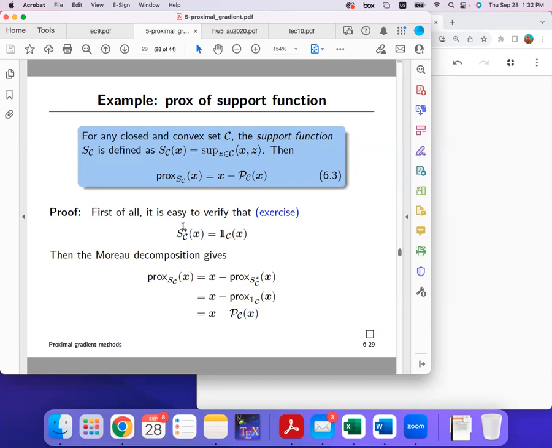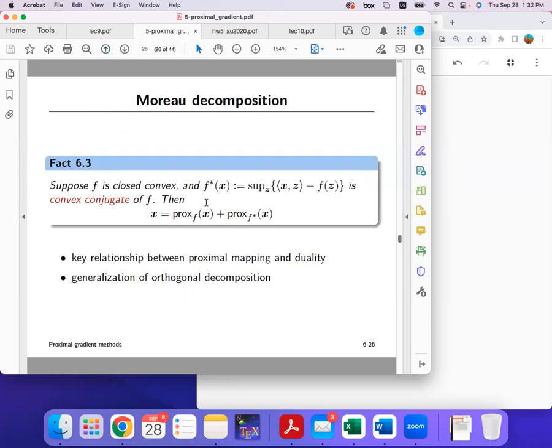Let's say the conjugate of this support function is actually the indicator function on the convex set C. Since these two form a conjugate pair, we can apply that Moreau decomposition, because Moreau decomposition is about f and its conjugate. Now I will set f to be that support function, and then this would be the conjugate of the support function.